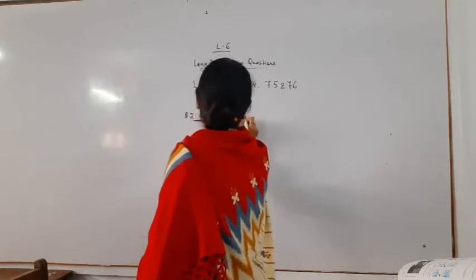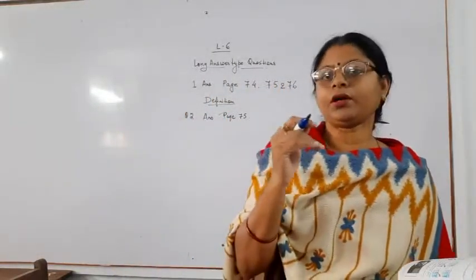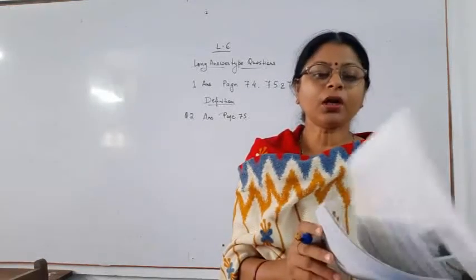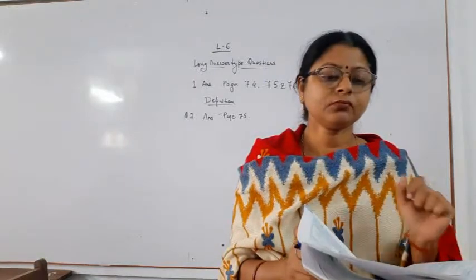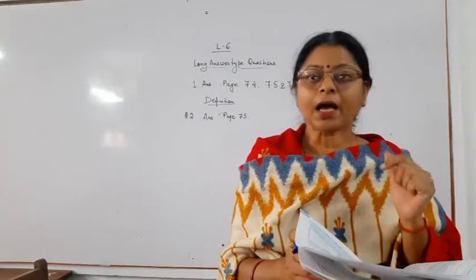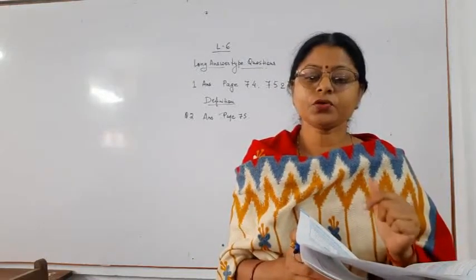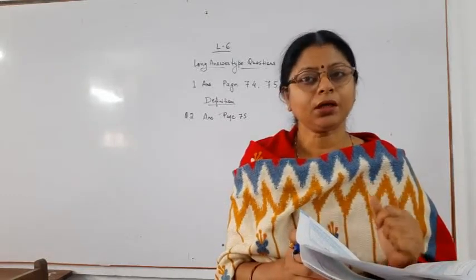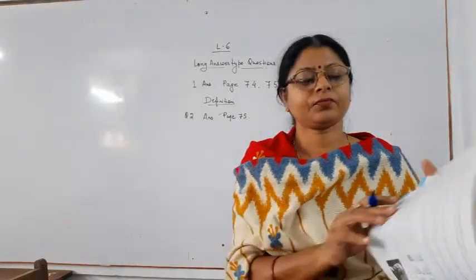So the same: first you write down the definition, then you write down the equation given in your book. After both the equations, one line is given in your book: the arrow pointing downwards shows the precipitation of the substance during a chemical reaction. This also you will write.